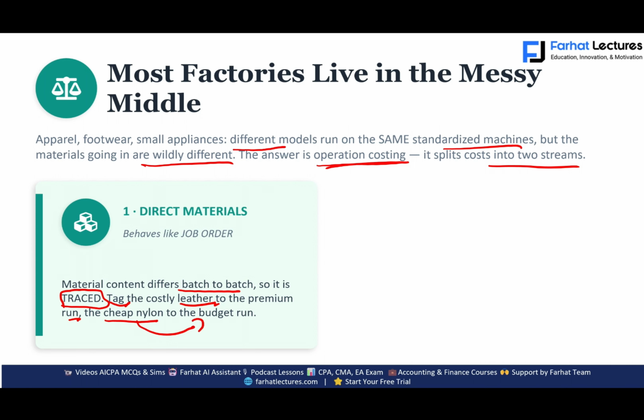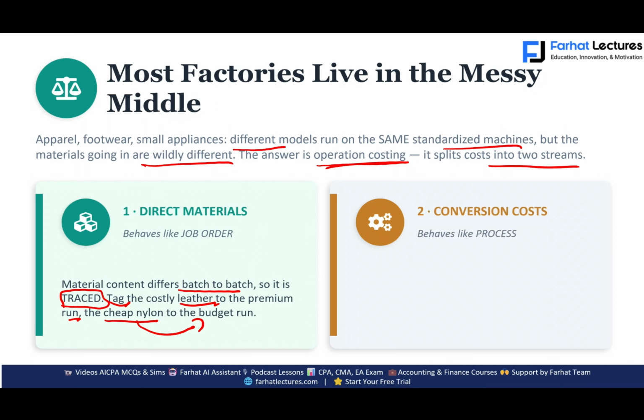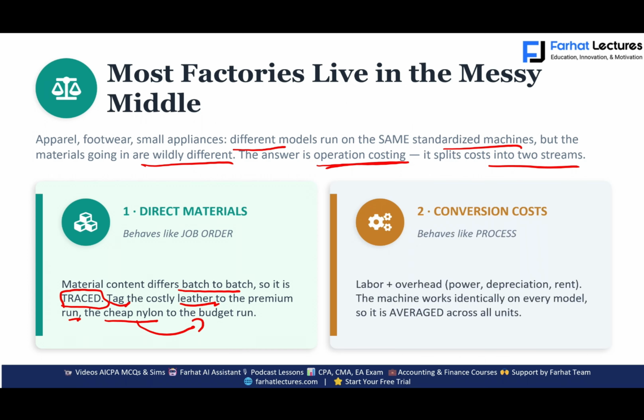Although they're using the same machine, the output is different. When it comes to conversion cost, which is what? When we say conversion cost, we mean labor and overhead: power, depreciation, rent. The machine works identically on every model. It does not know whether it's working on a premium or a budget model.